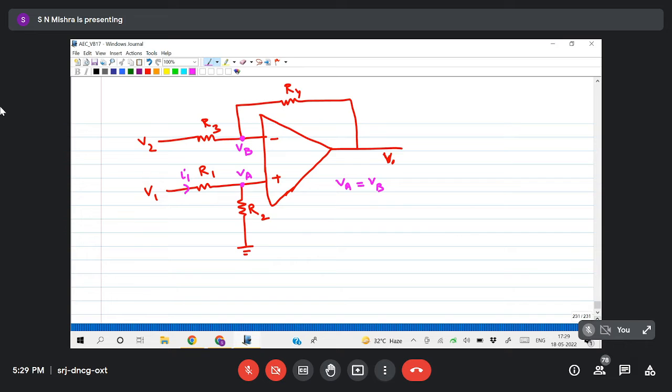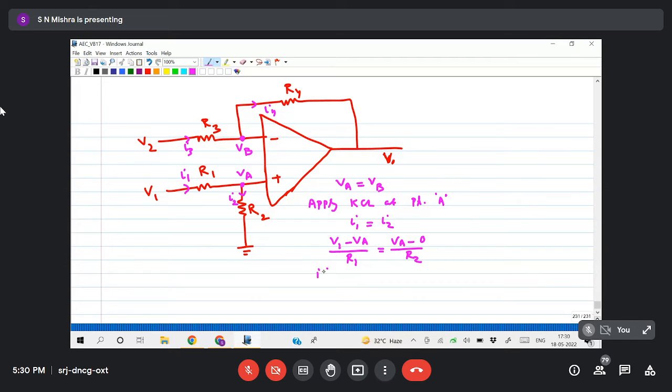Let us take this is I1 current, this is I2 current, this is I3 current, and this is I4 current. So applying KCL at point A, what will we get? I1 equals I2, because current will not enter the op-amp, obviously it will go through R2 to ground. So what is I1? V1 minus VA divided by R1, which equals VA minus 0 by R2.